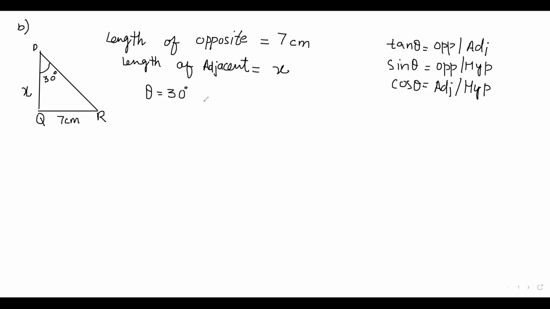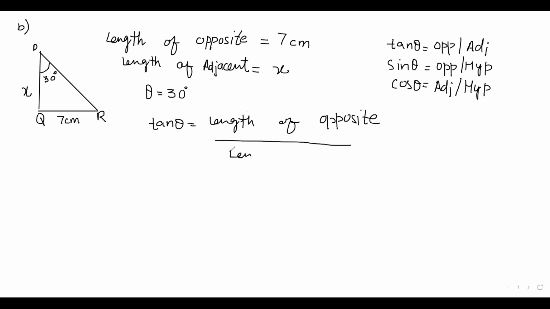Here we will use the formula of tangent theta because it involves both sides that are given here, opposite and adjacent. So tangent theta is equal to length of opposite over length of adjacent.